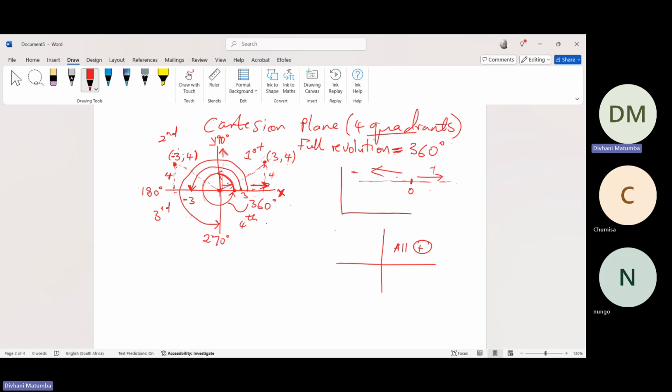In the second quadrant, if we have this situation, what will be the value of the hypotenuse if we have 4 and 3?